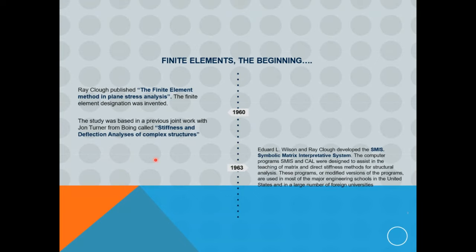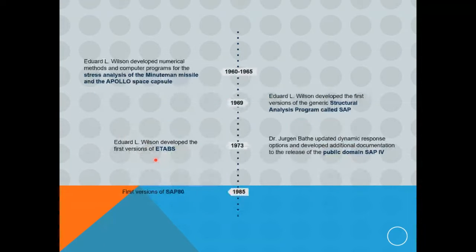From there, in 1963, they applied those equations in their computers or in their programming. Between 1960 and 1965, we had very small software, not as advanced as we have currently, but used for structure calculation.